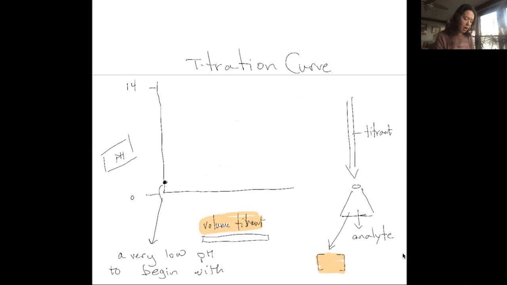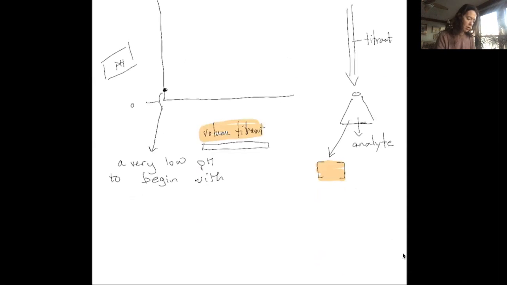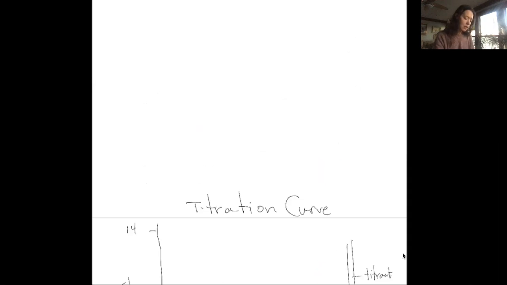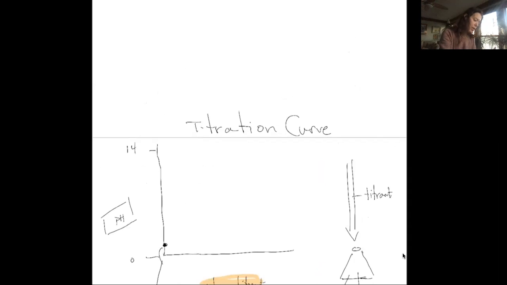You want to be mindful of your particular pH to begin with. Therefore, we know that our analyte is an acid. If the analyte was a base, we would see that pH curve starting somewhere up high, maybe 14, maybe 12, 10. It depends, right?